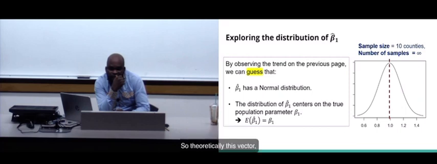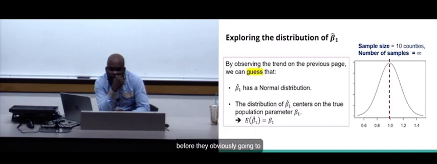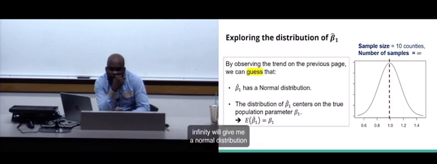So with respect to the context of the problem, do we stop at some point? Because if there can only be 10 planets, we can't take a sample of 100 planets, right? Obviously going to infinity will give me a normal distribution, but do we have a theoretical limit as well while solving for this?